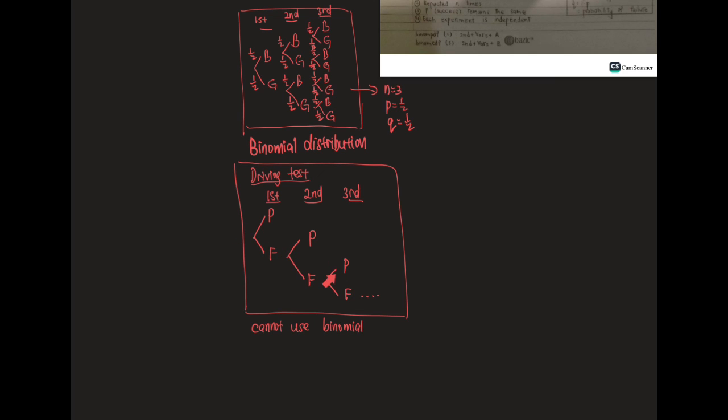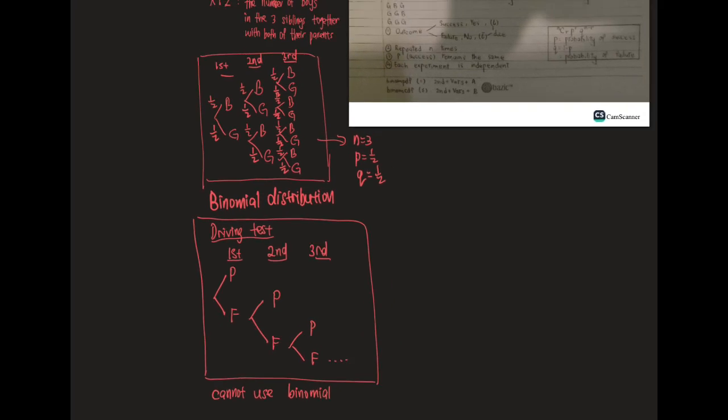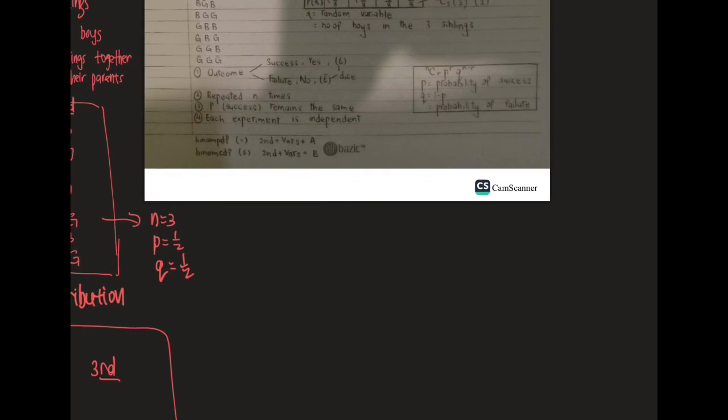Maybe the first time you fail because no experience, the second time maybe more experience already, the probability of pass is changing to a different value. So the P is different every experiment, so cannot. P must be the same. So if every time is the same, then you can use binomial. So cannot use binomial because the tree diagram is not balanced, because P is not a constant. Although it seems to have 2 outcomes every time, you still cannot use it because it breaks other conditions.